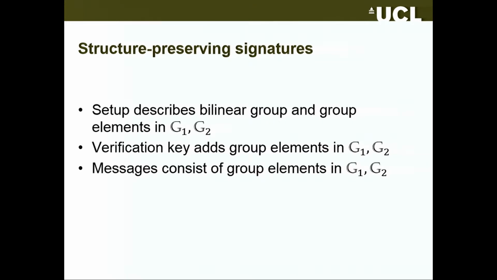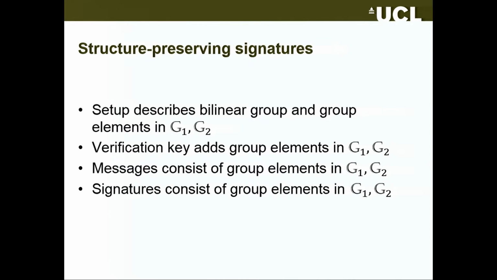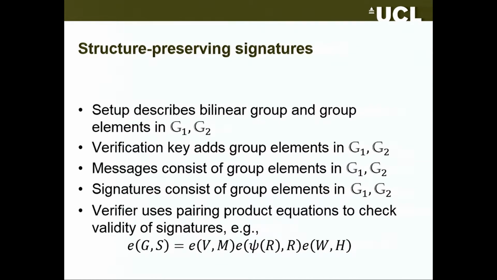The messages would be some group elements in the source groups, and the signatures would be some group elements in the source groups. And to verify a signature, we require that you only use these generic operations. So basically, you verify a signature by verifying a set of pairing product equations. So you use the pairing, you use multiplication, that's what you use. And then you'll have to test membership of some of these group elements.